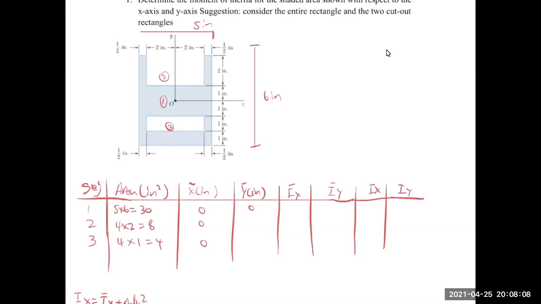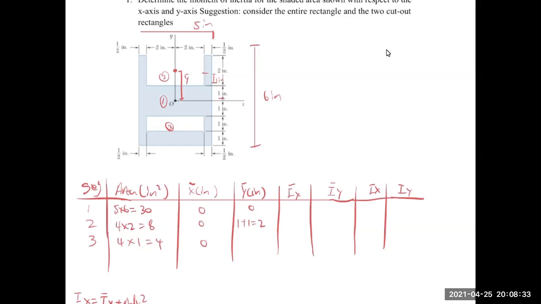But for segment 2, we have to consider this 1 inch, and also half of 2 inches, which is 1 inch right here, because this will be the y bar, the centroid of segment 2. So that will be 1 plus 1, which is 2.